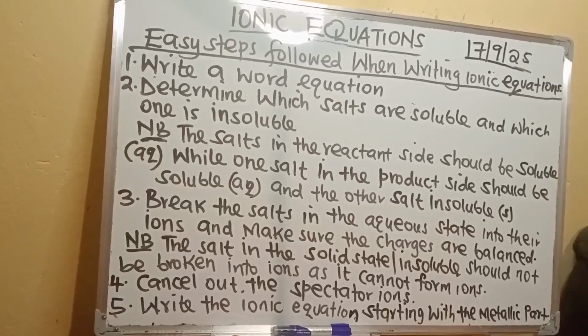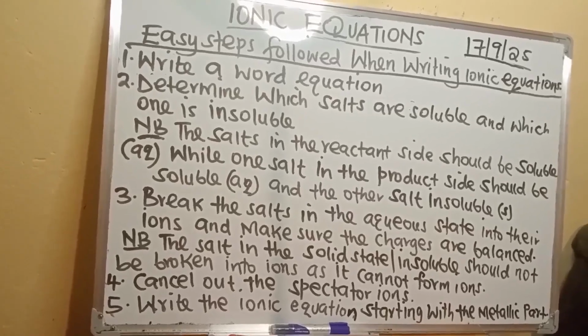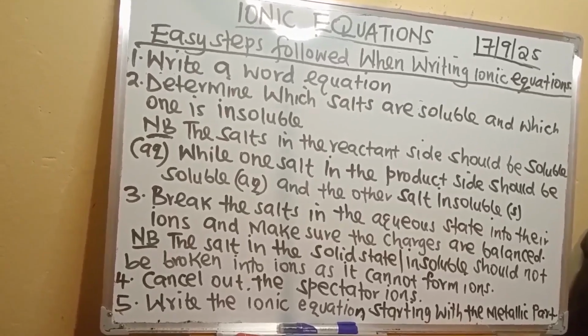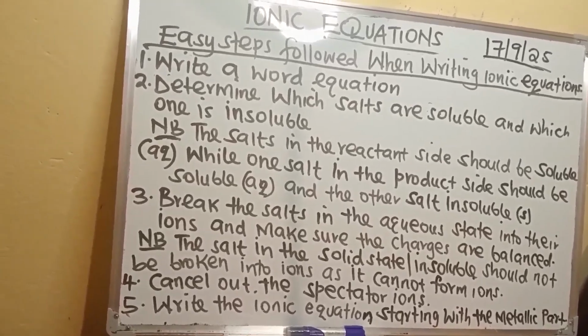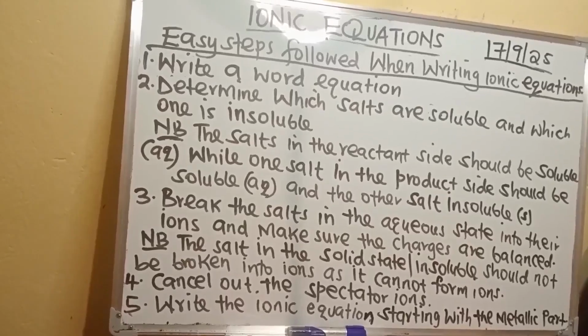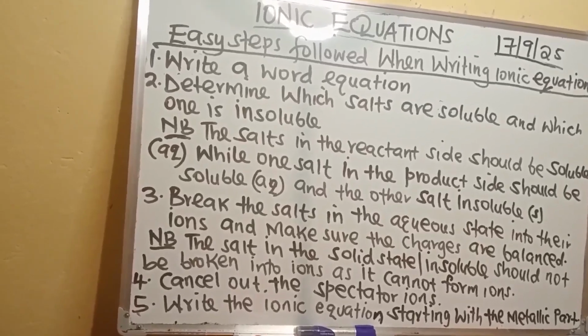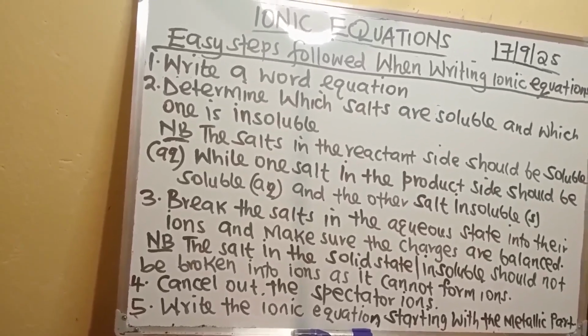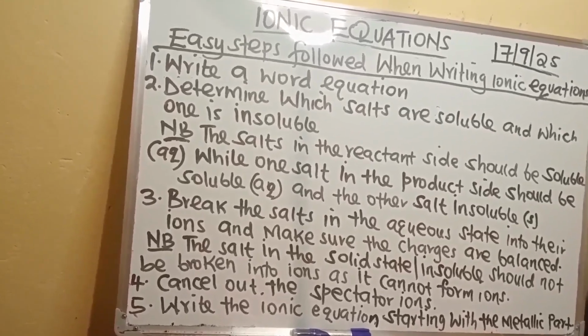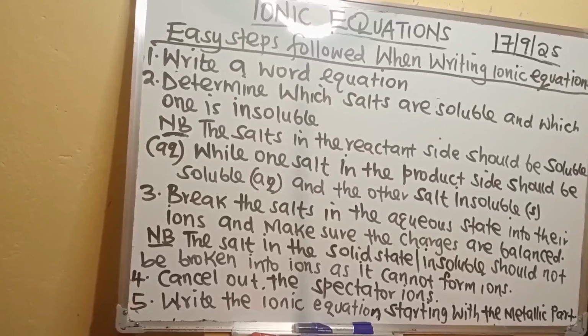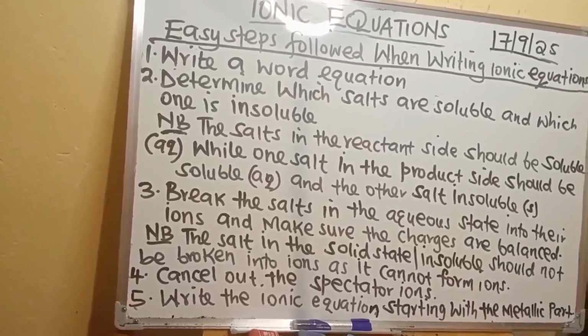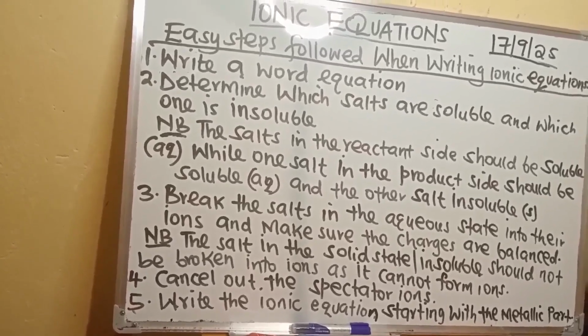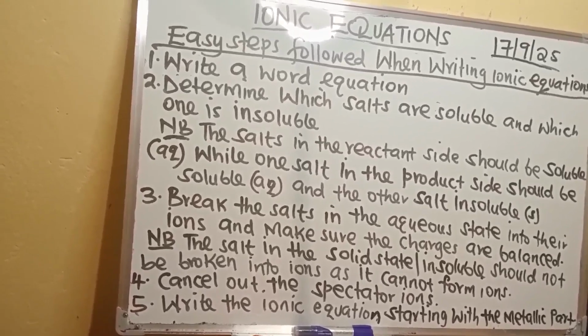The salts in the reactant side must be soluble in the aqueous state, while one salt in the product side should be soluble in the aqueous state and the other salt insoluble in the solid state.